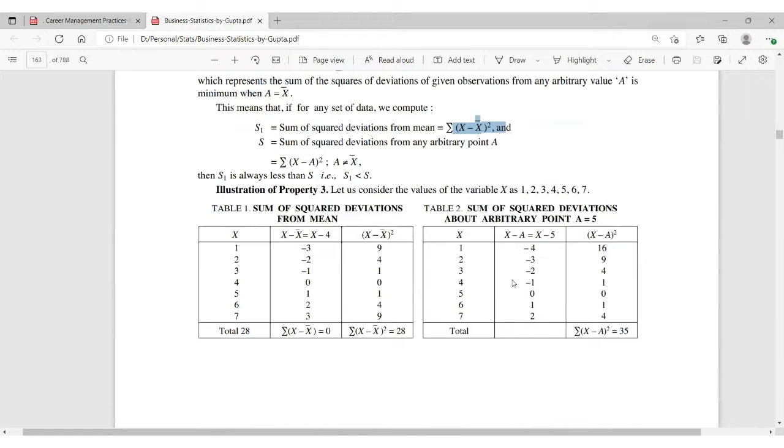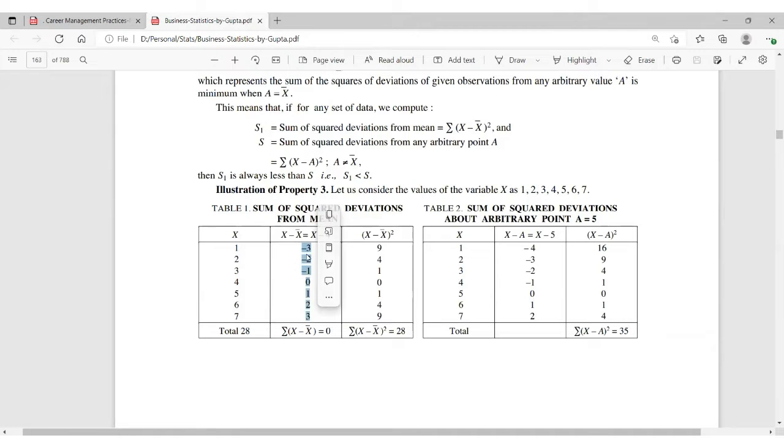See, in this example, let me take the series 1, 2, 3, 4, 5 up to 7, right? Now for the mean, add all these numbers and divide by 7, it comes to 4. x minus x bar, these are the numbers.